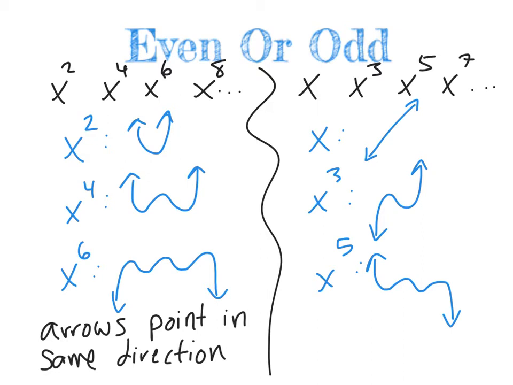When it's odd, what do we notice over here? The arrows are now pointing in opposite directions. Yes, as the exponent increases, we have more curves and more waves and more ups and downs, maximums and minimums as we get to it. But regardless of however many curves or shapes it's going to have, for odd exponent functions or odd degree functions, the arrows are pointing in opposite directions.